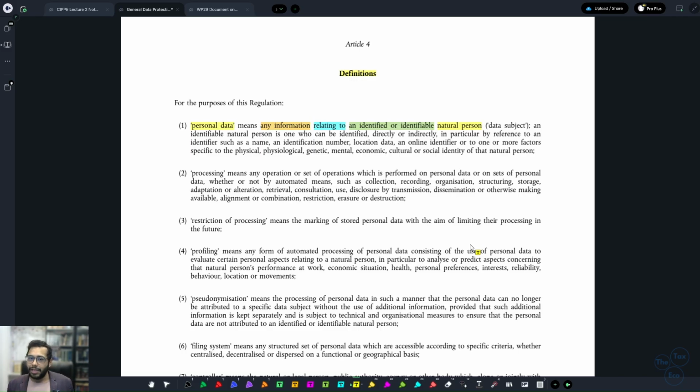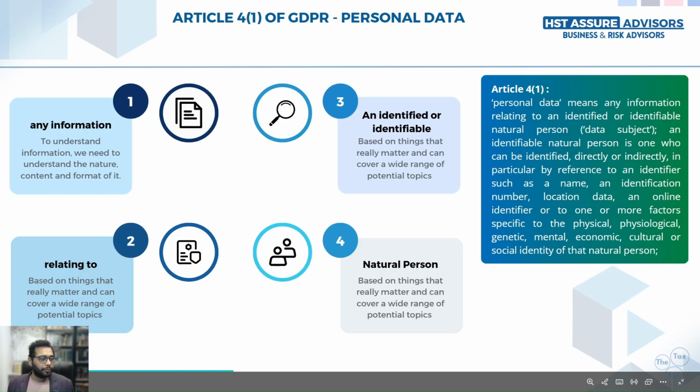Now we have discussed these four elements in summary. If we see each element in detail, we will understand how wide the interpretation is for the definition of personal data. Let's go back to our presentation.